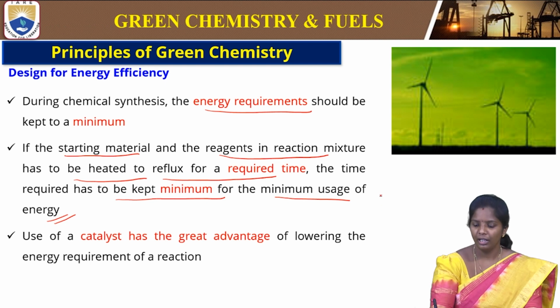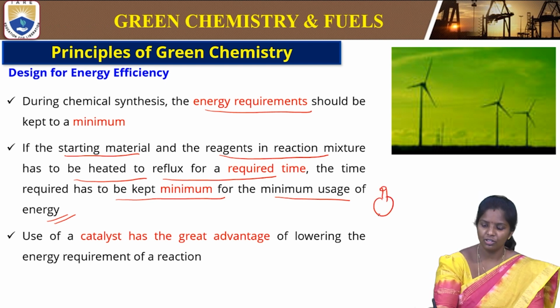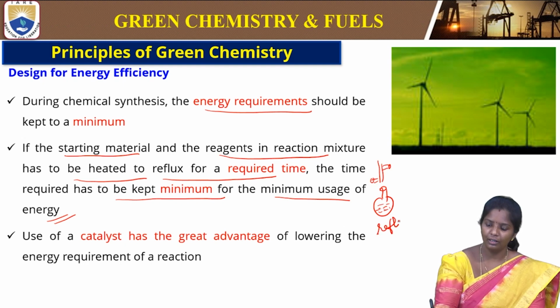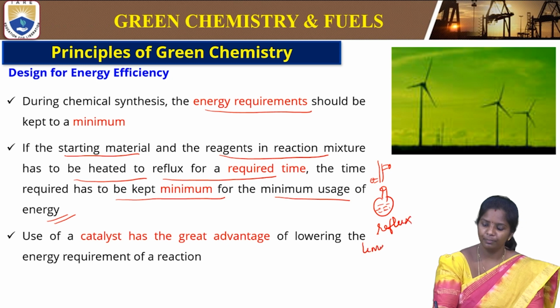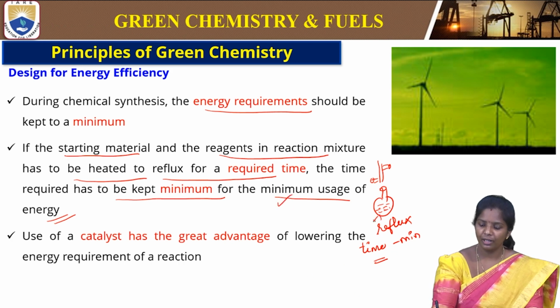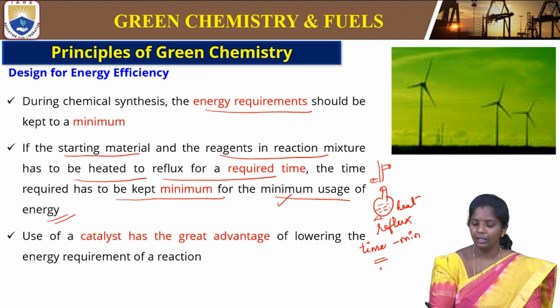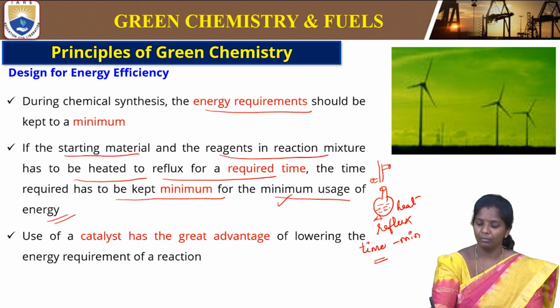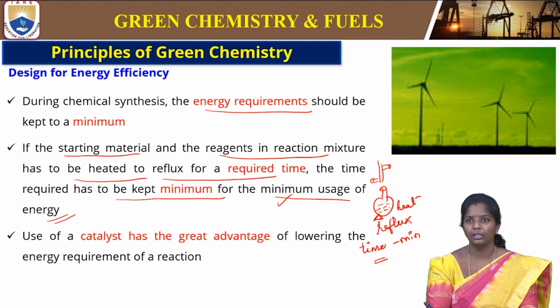So for example, if we have a reaction mixture that has to be refluxed, then the time should be minimum, so that the energy we are supplying, heat, which can be done on a hot plate or a Bunsen burner, is reduced.